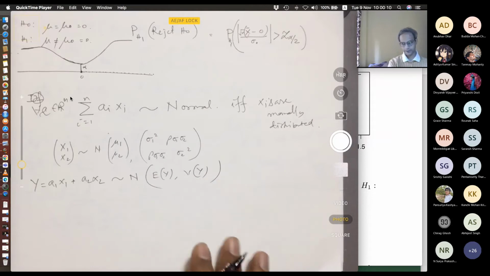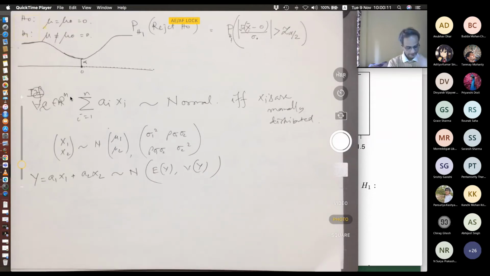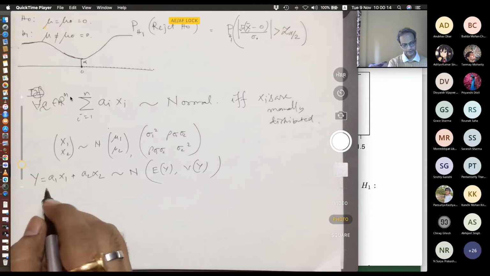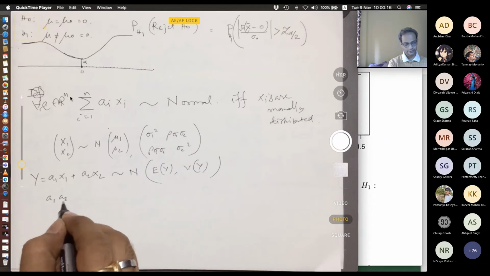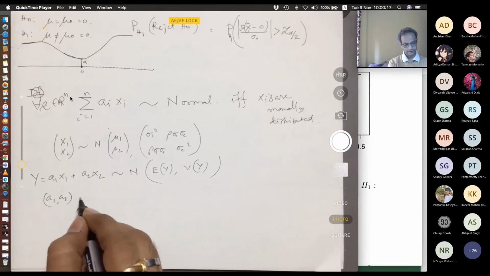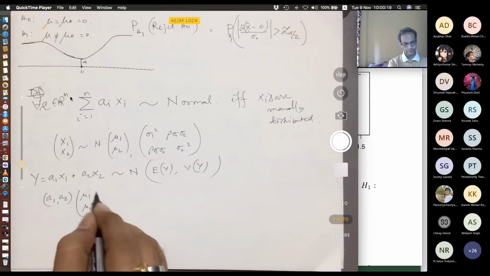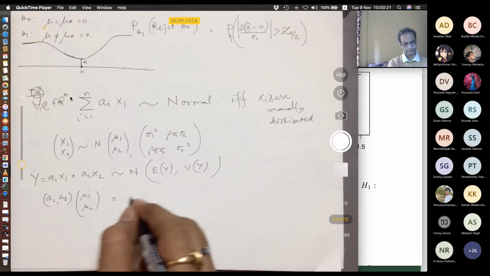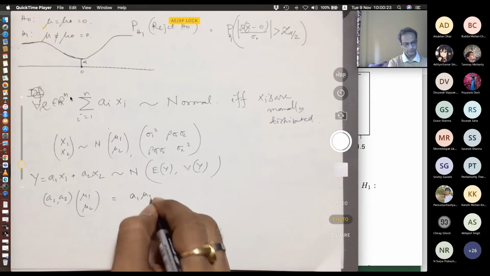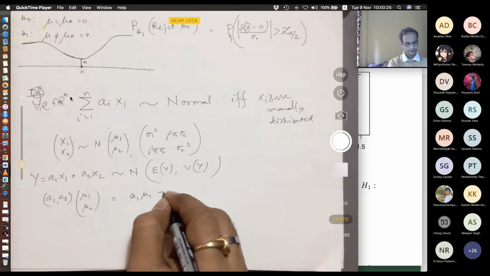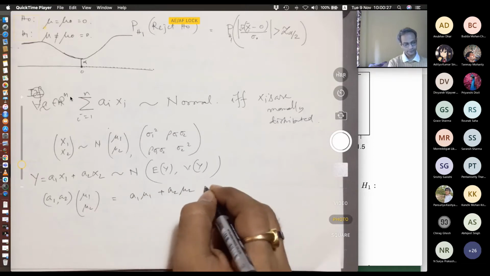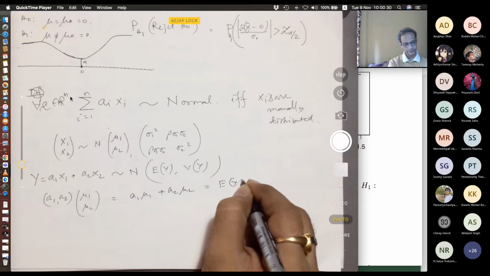Expectation of y is nothing but the row vector A1, A2 dot the column vector mu1, mu2. So A1 mu1 plus A2 mu2, which is expectation of y.